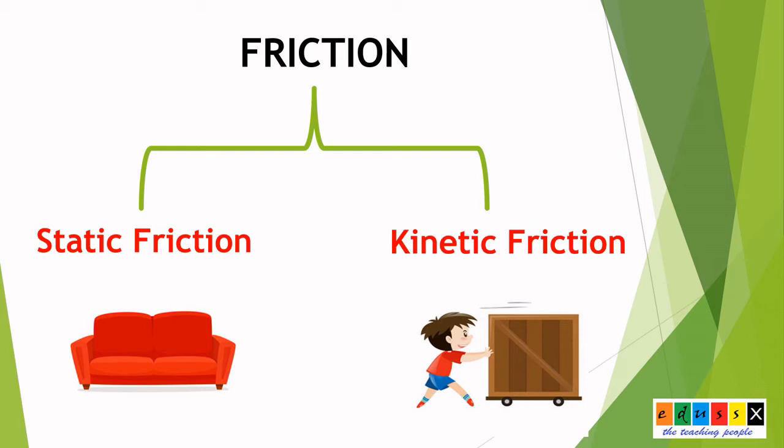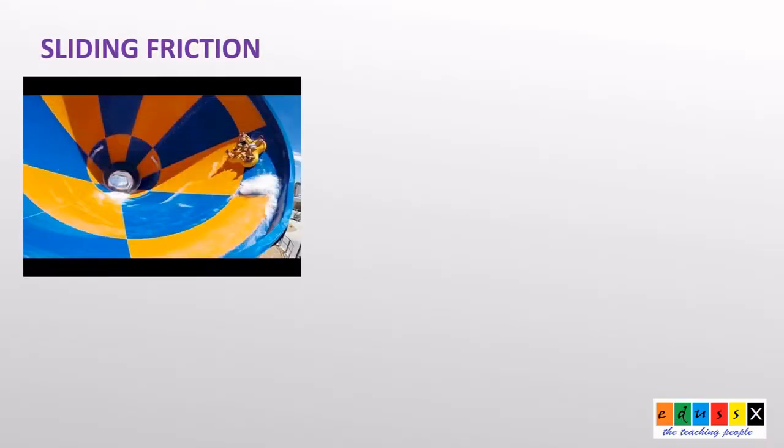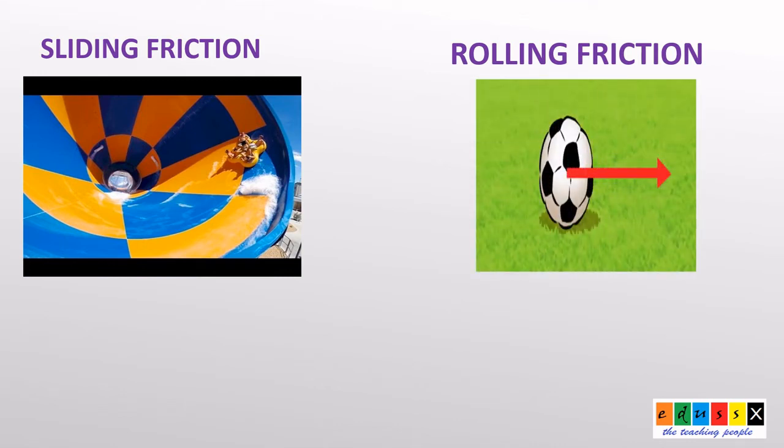Now kinetic friction is classified into two: sliding friction and rolling friction. What is sliding friction? When a body slides over another, it is sliding friction. Rolling friction is when one body rolls over another.